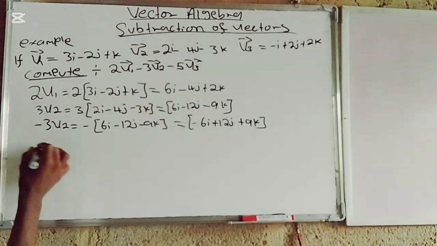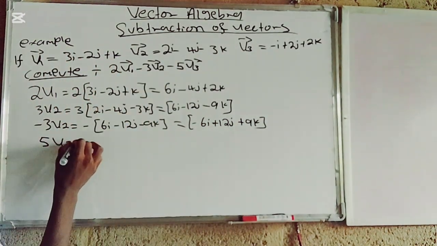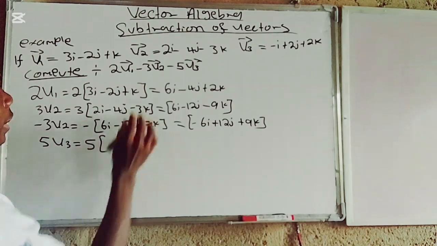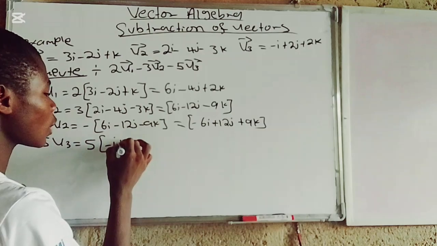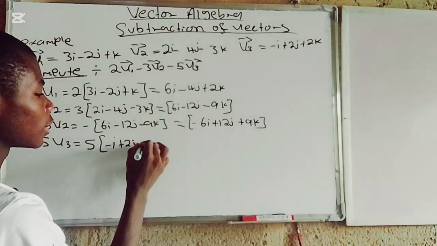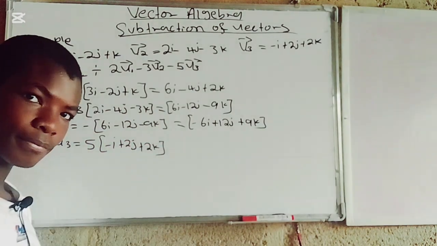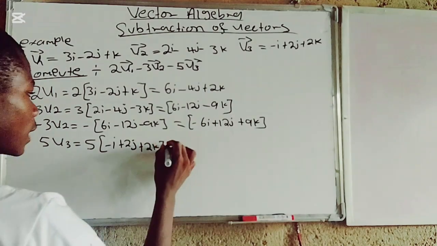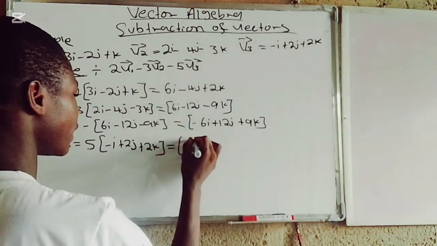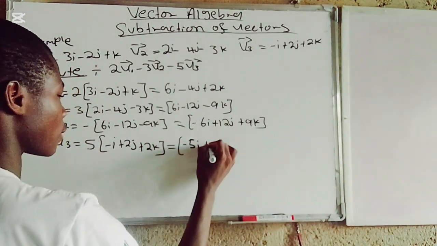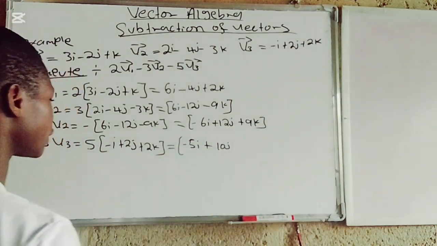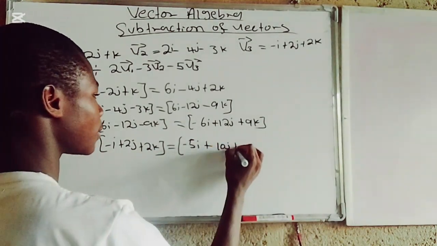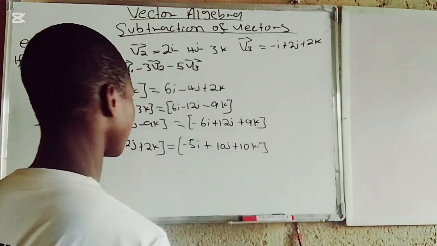Again, I have to first find 5v3. 5 times v3, and v3 is the same thing as negative i plus 2j plus 2k. 5 times 1 is negative 5i, plus 5 times 2, which is 10j, plus 5 times 2 again, 10k.